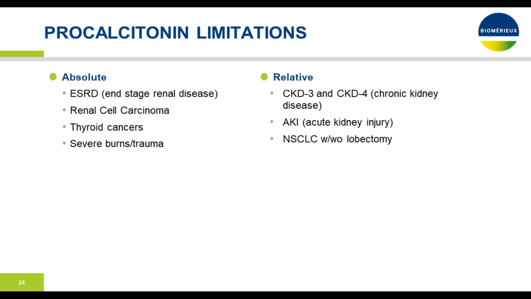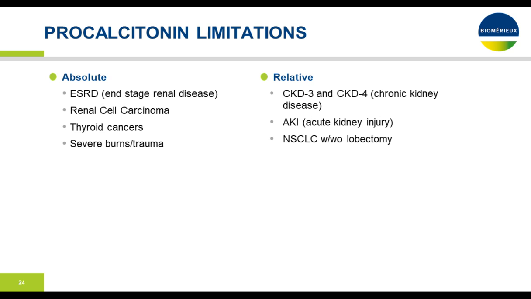We actually did a one-year study. It was part of a project of one of our pharmacy residents, Dr. Andrew Darko, and he did a great job, and he did see that in CKD3 and CKD4 patients there was an elevation in procalcitonin levels.